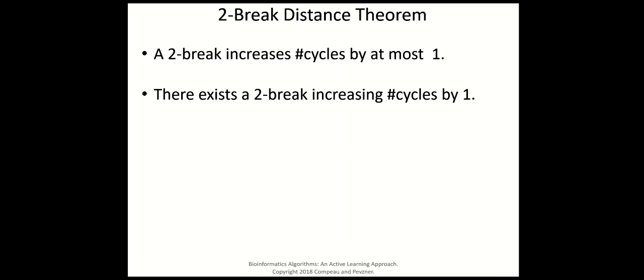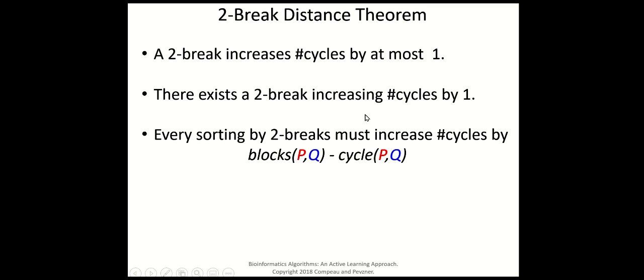What is the two-break distance theorem? The two-break distance theorem says that a two-break increases the number of cycles by at most 1, and there exists a two-break increasing the number of cycles by 1, and every sorting by two breaks must increase the number of cycles by blocks PQ minus cycle PQ.